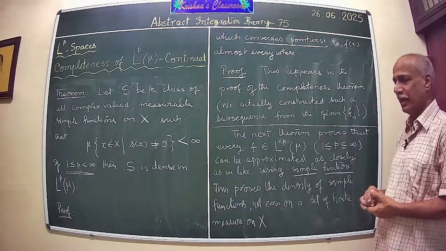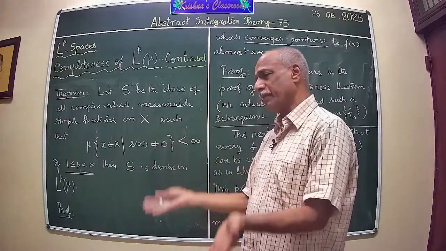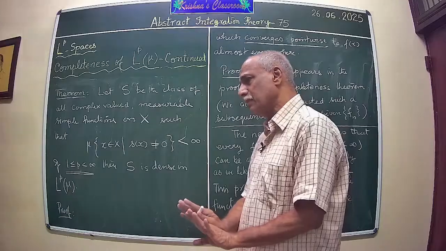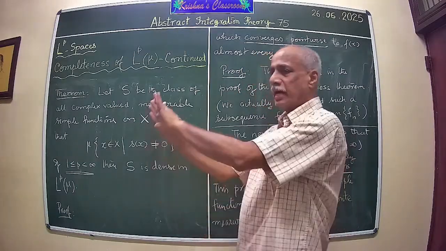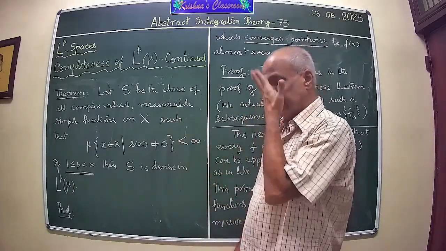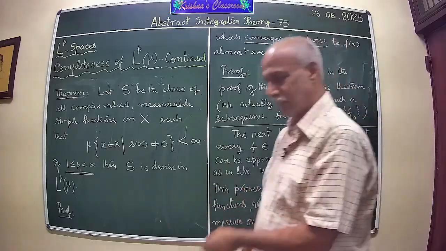And because of the density, you can just prove it on this class. That will be easier, and then push through a limiting argument and explore whether it is valid for all functions or not. This is the advantage.